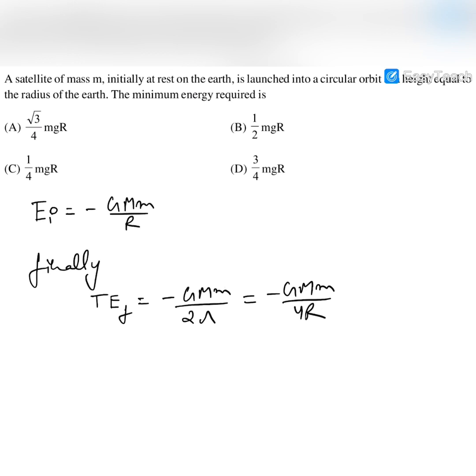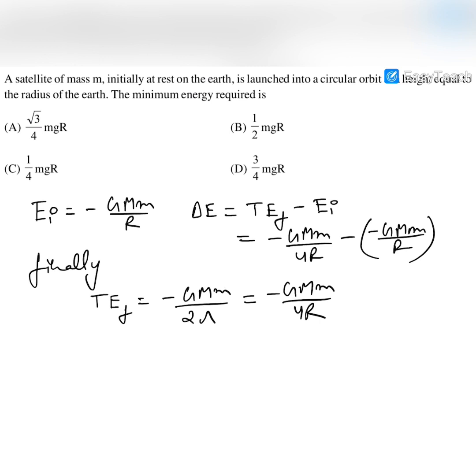So the energy given, delta E, is equal to the final total energy minus the initial energy. The final energy is minus GMm by 4r and the initial energy is minus GMm by r.